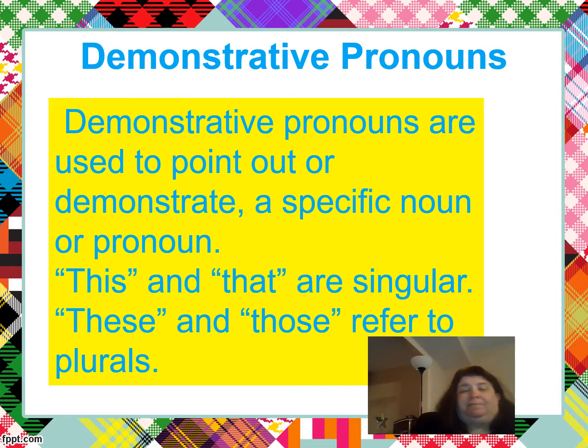So if you're going to say, go get that, it's talking about a specific noun or pronoun. So it's pointing something out. Go get that. I like this. It's talking about something specific. This is my house. It's talking about a specific house.